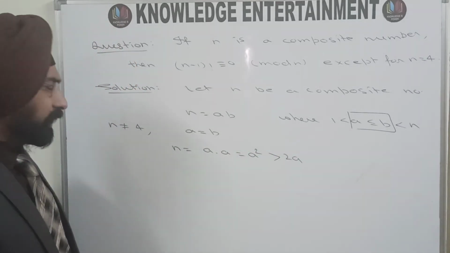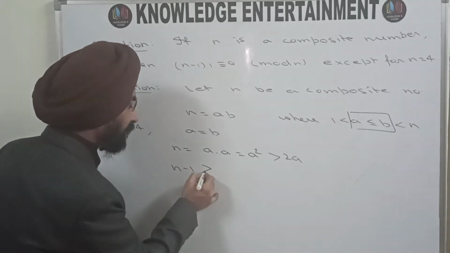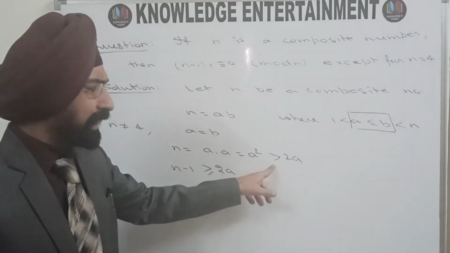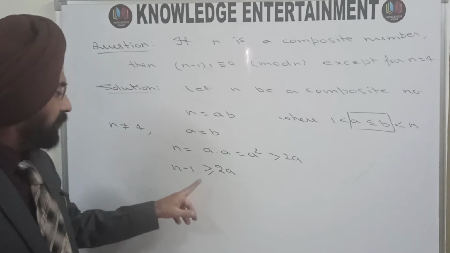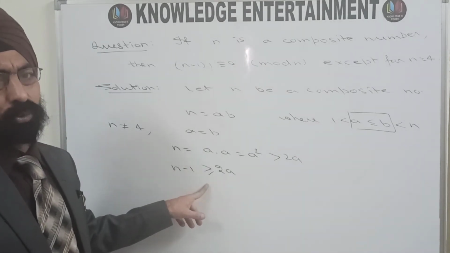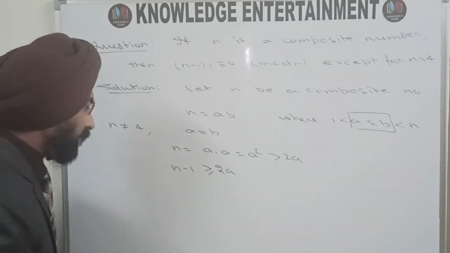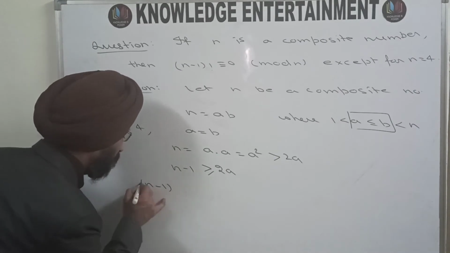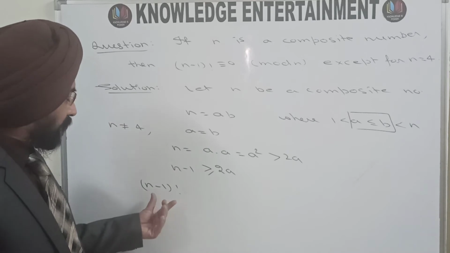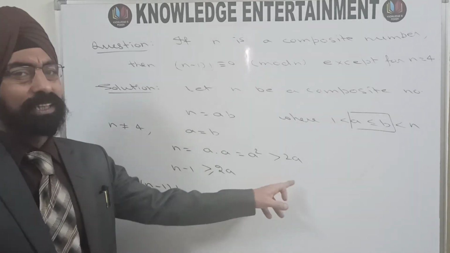And if n is greater than 2a, n minus 1 can be at the most greater than or equal to 2a. n is strictly greater than 2a, but n minus 1 can be greater than 2a or maybe equal to 2a at the most. If n minus 1 is greater than or equal to 2a, it means when you write n minus 1 factorial, in the product you will have a as well as 2a.